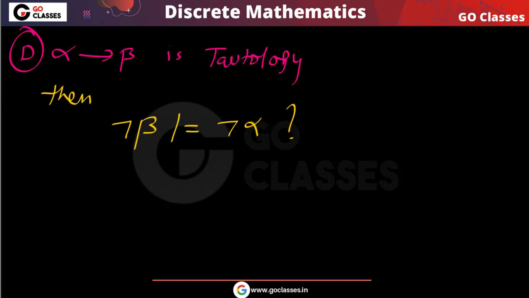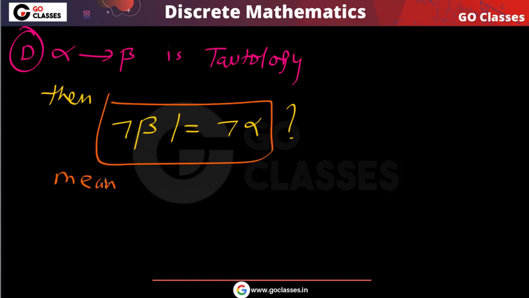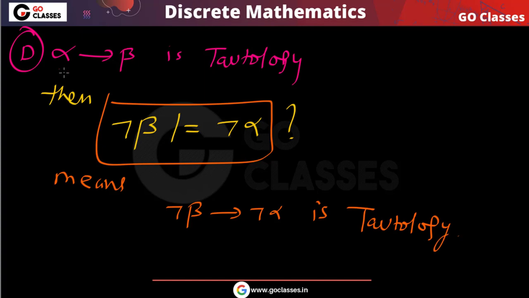Can I say this will be true? Basically, this simply means that negation beta implies negation alpha is tautology. Is it a tautology?